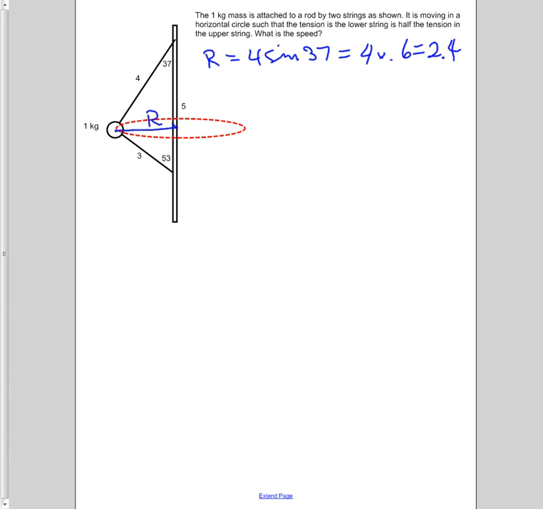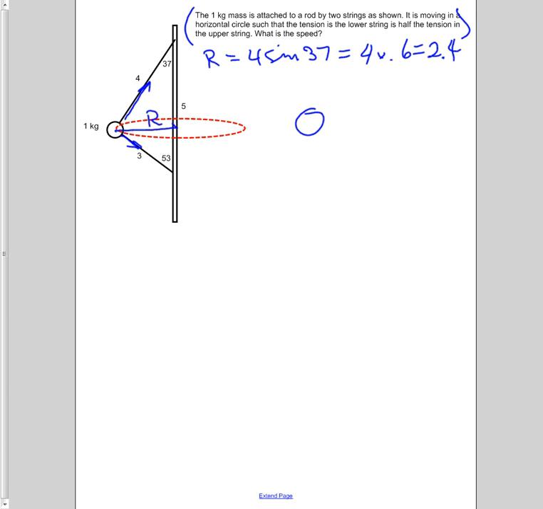Okay, choose a body. And of course, I will choose the 1 kilogram object. What are all the forces on it? Oh, one important feature that I did not tell you, and you will be able to read this when you're watching the video: the condition is that the tension in this string is equal to twice the tension in this string.